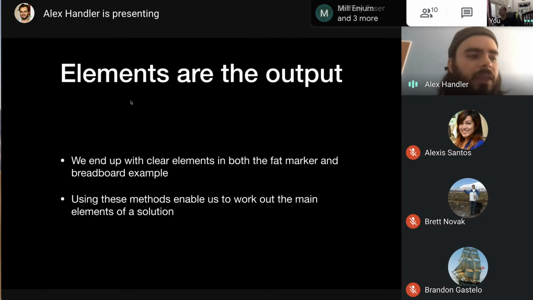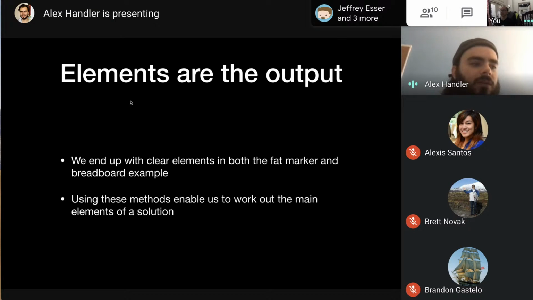And that leads to this whole point that elements are the output, right, of these methods. So in both the fat marker sketch and the breadboard example, we end up with clear elements, right? Using these methods enables us to work out the main elements of a solution.